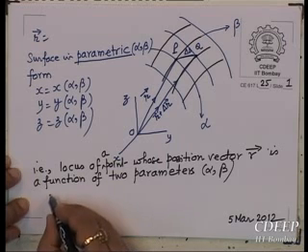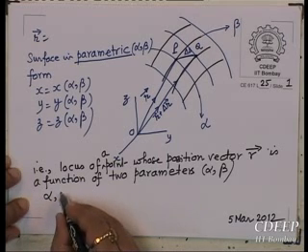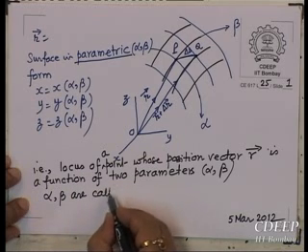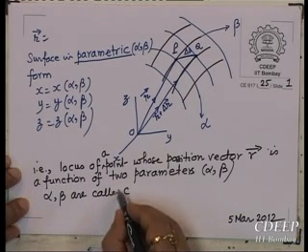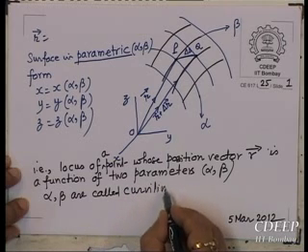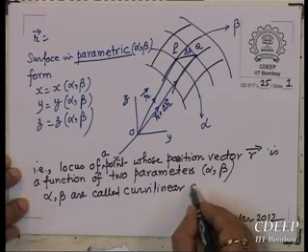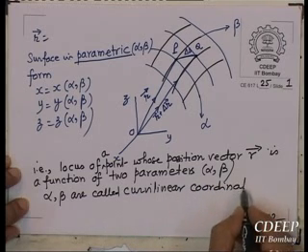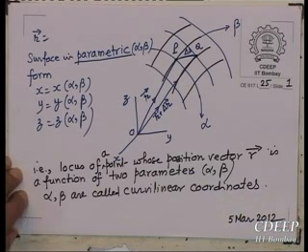Now alpha and beta are called curvilinear coordinates. They are curved; these lines are not straight lines.